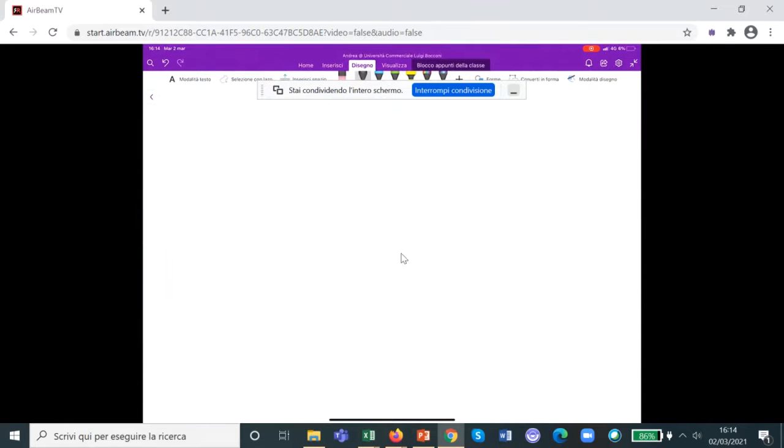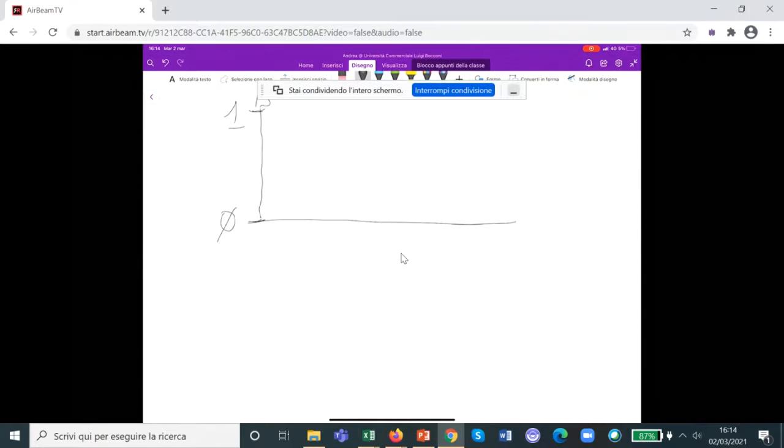So the point is the following. We typically start from a uniform distribution, say from 0 to 1, with a random generator that you can also find in Excel, okay?